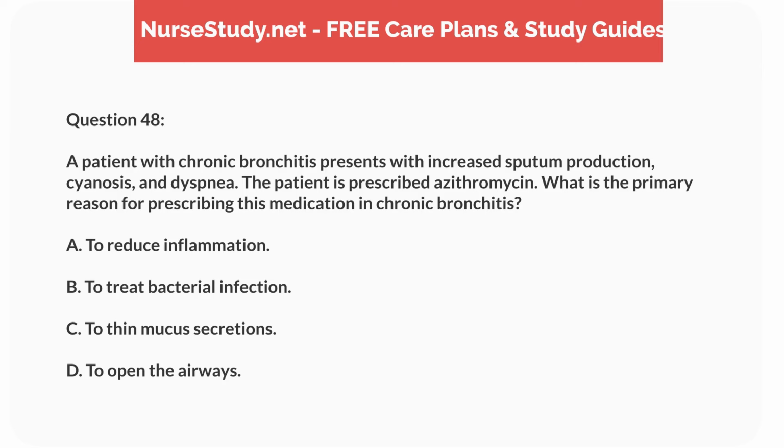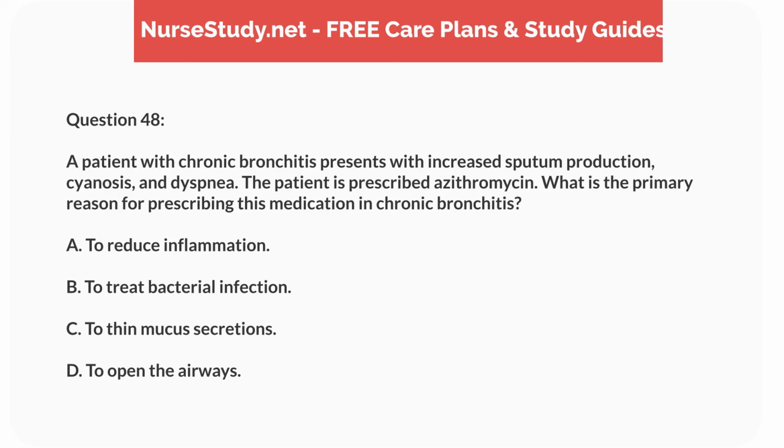Question 48. A patient with chronic bronchitis presents with increased sputum production, cyanosis, and dyspnea. The patient is prescribed azithromycin. What is the primary reason for prescribing this medication in chronic bronchitis? A. To reduce inflammation. B. To treat bacterial infection.